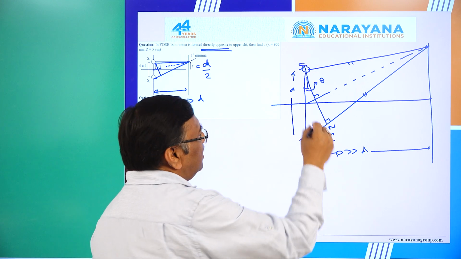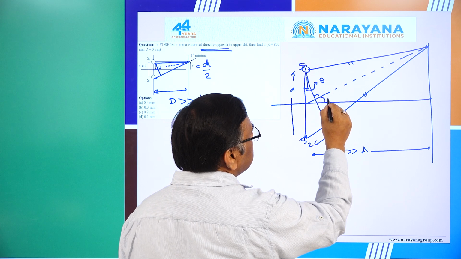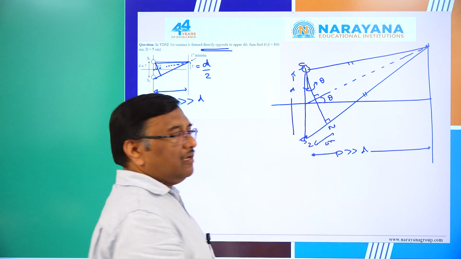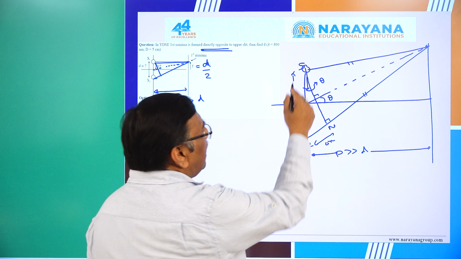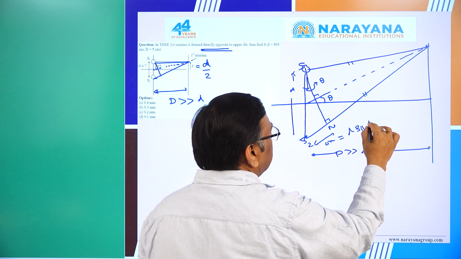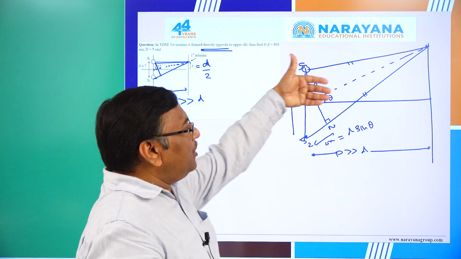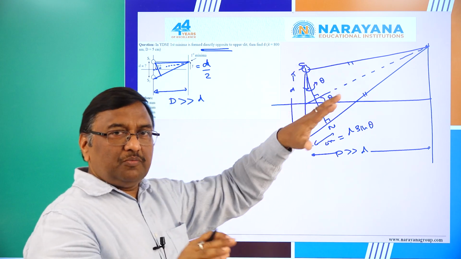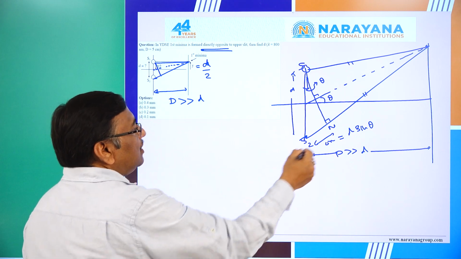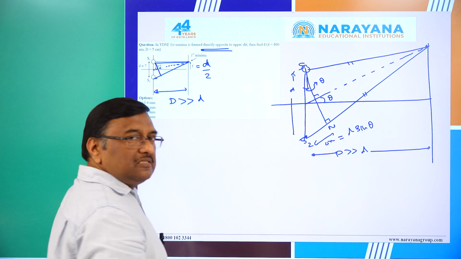So you all know well over here also, if this is theta, this is 90, it is 90 minus theta, that means this angle is also going to be theta here. So we know this path difference can be written now in the easiest manner, it is d sine theta. So we are trying to do it in a simple way. Otherwise, if you want to do it by binomial expansion, we can do that way also, but that is going to be lengthy calculations. Delta x is d sine theta, but theta being very small as my capital D is a large value.